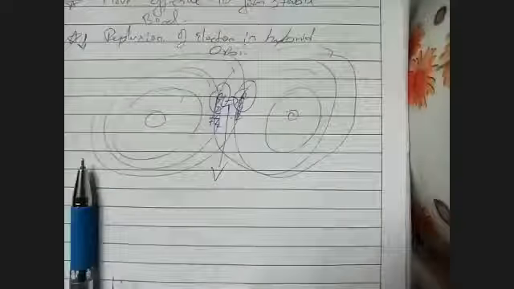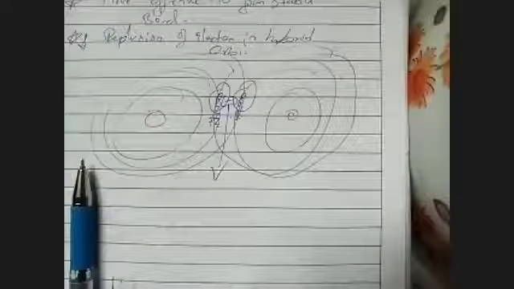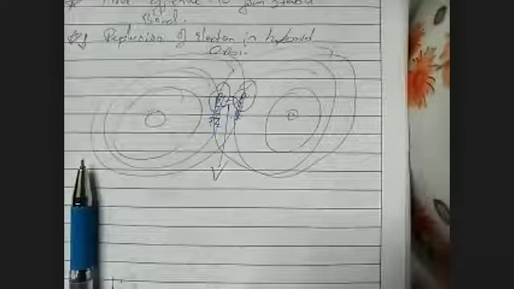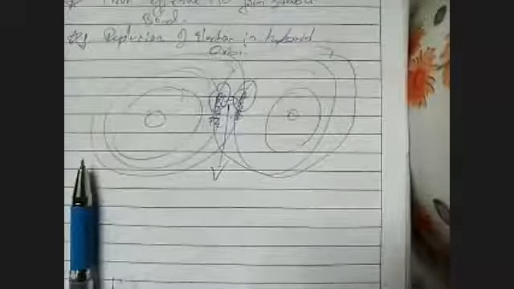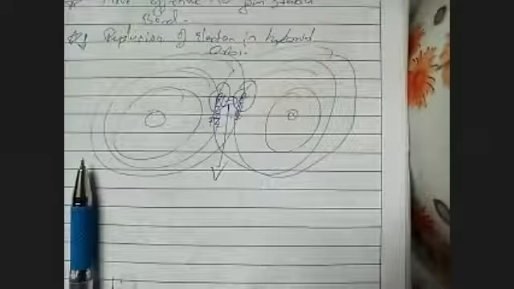And the electrons should not have a repulsive character. So these are all the important conditions. If you follow all these conditions, you can make the orbitals hybridize.